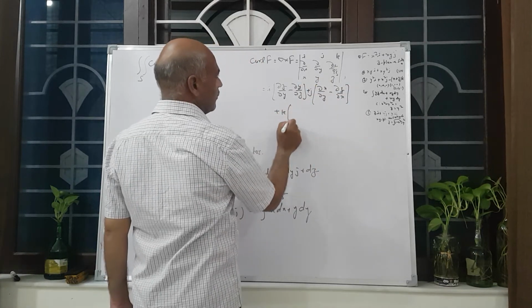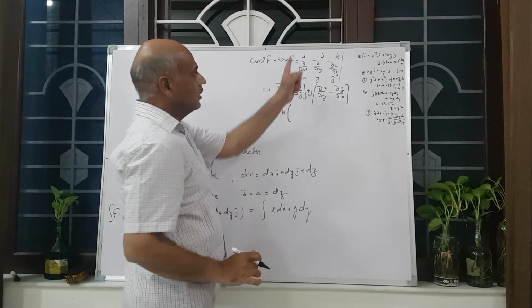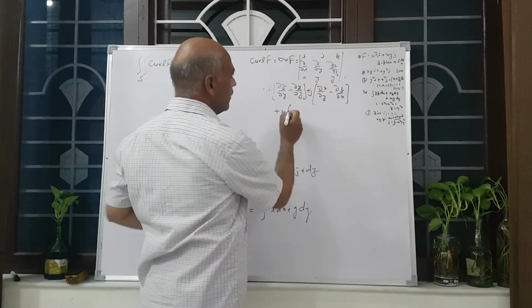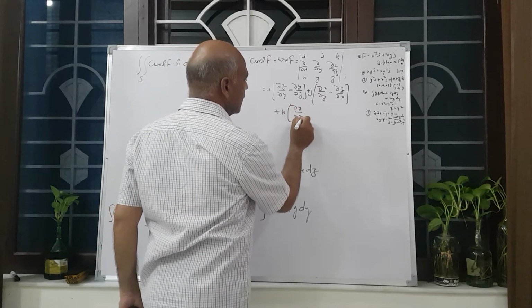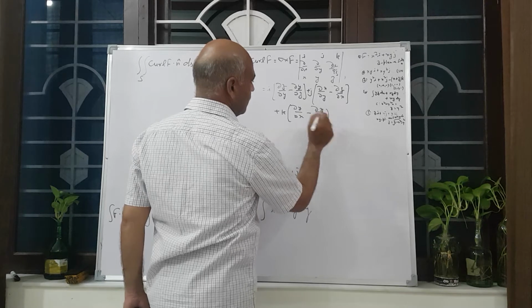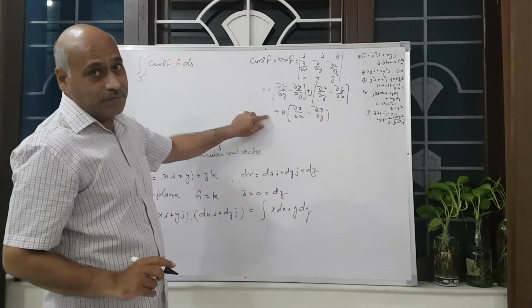For k, this row and this column are eliminated, so del y by del x minus del x by del y. So this is curl F.